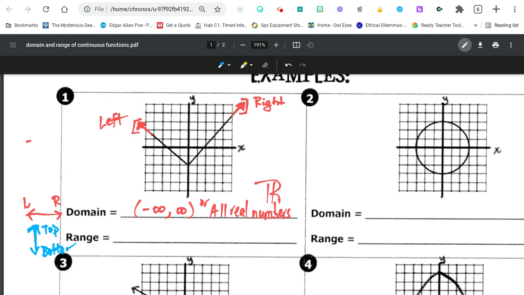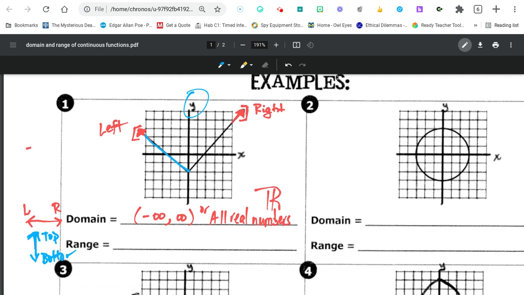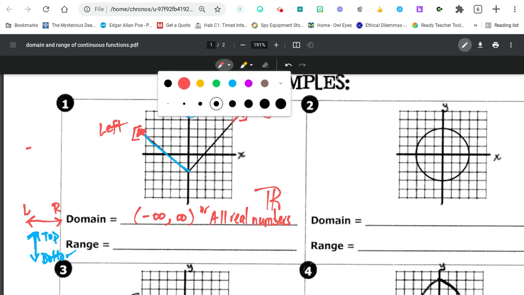So look at your graph, and I'm going to start on the bottom first. So the bottom of this graph hits right here, and only focus on the Y. Please do not focus on the X. Domain is focused on the X-axis, and range is focused on the Y-axis.